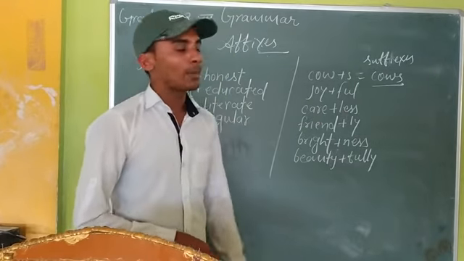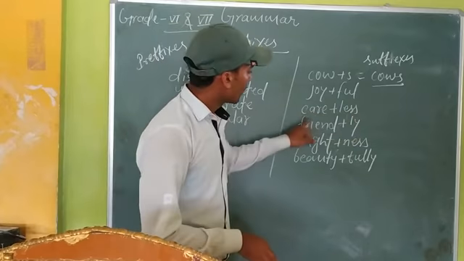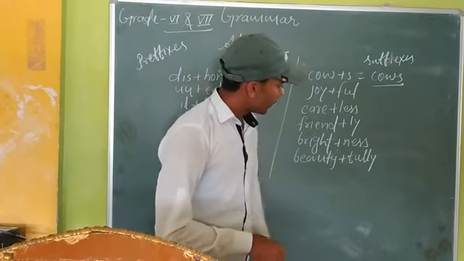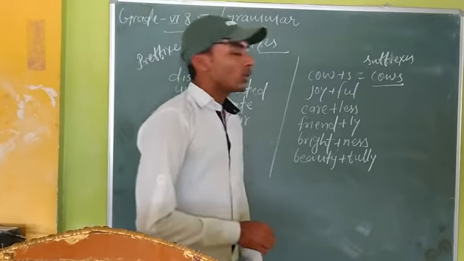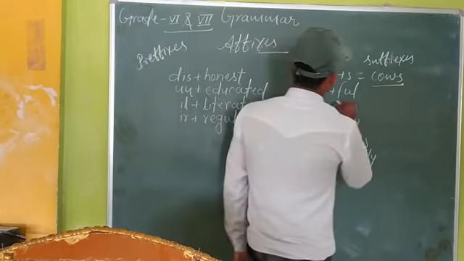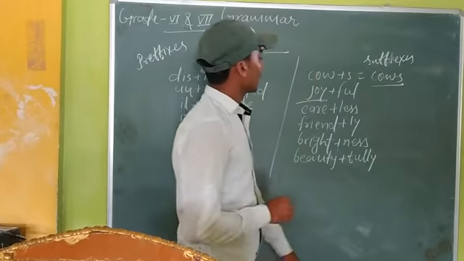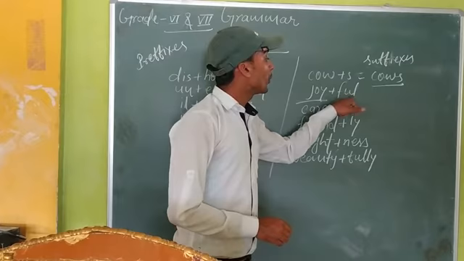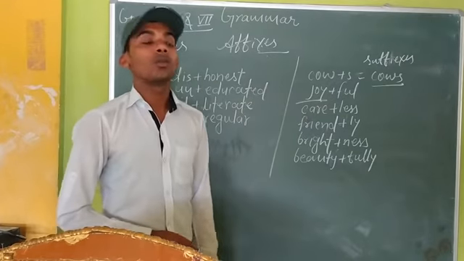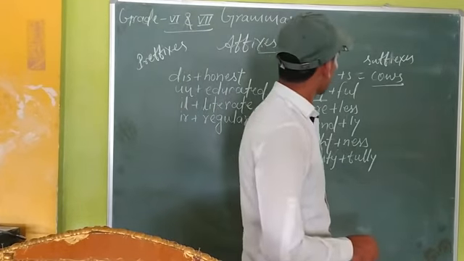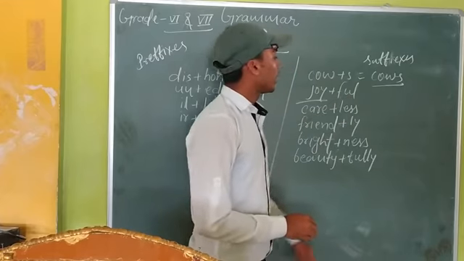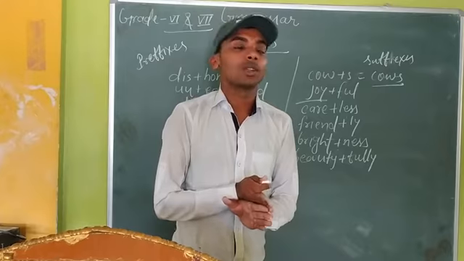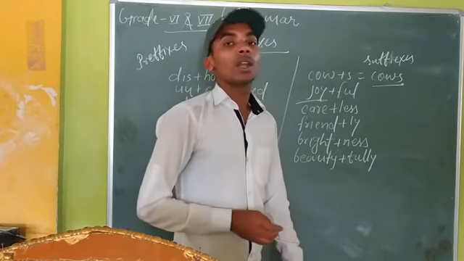The same situation is happening with joy, care, train, bright and beauty. Here you will understand what happens. Actually this word is working as a verb and noun, but when we have added ful, now this noun and verb has changed its function. Now it is functioning as an adjective.